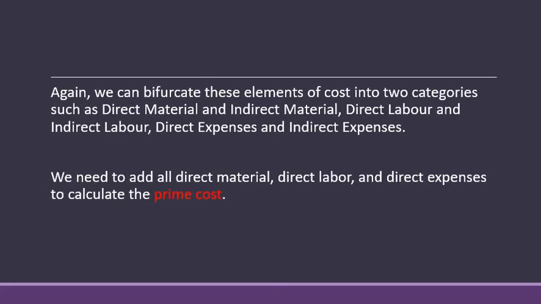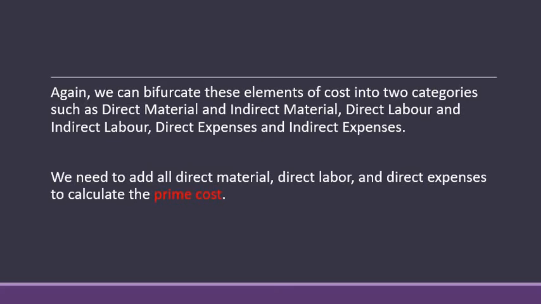Again, these elements of cost are divided into categories such as direct material and indirect material, just like we have seen in the diagram: direct labor, indirect labor, direct expense, and indirect expense. We need to add all the direct material, direct labor, and direct expenses to calculate the prime cost.